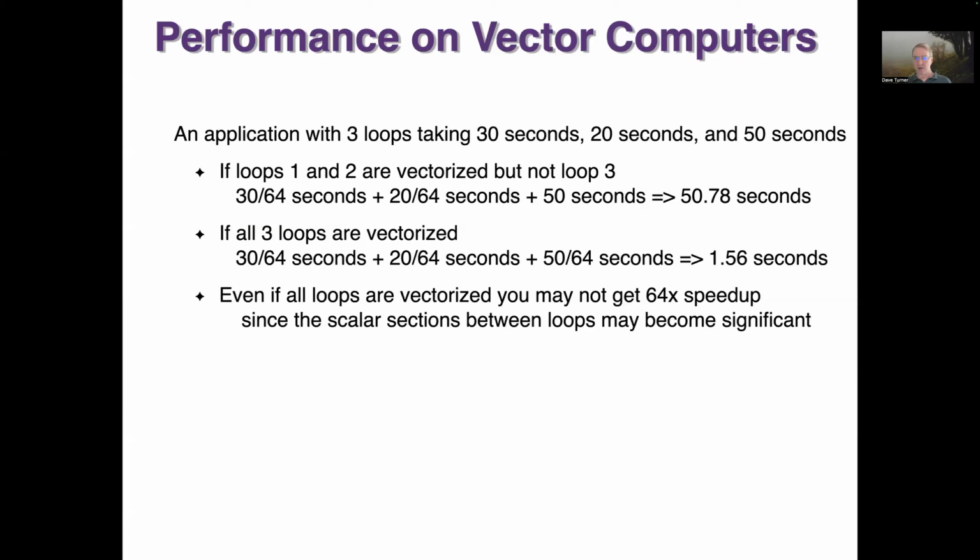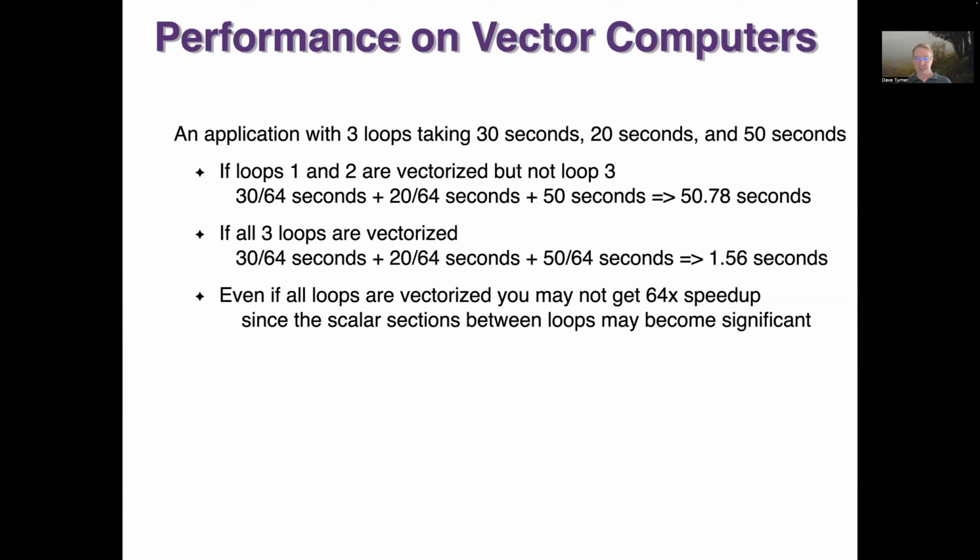So your overall time is going to be 50.78 seconds. So you're basically going to double the speed when your goal is to get it somewhere around 64 times the speed. So if all three loops are vectorizable, then you can see you can get it down to 1.56 seconds, which is again your 64x speed up.